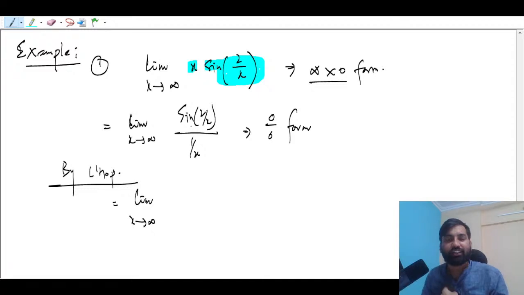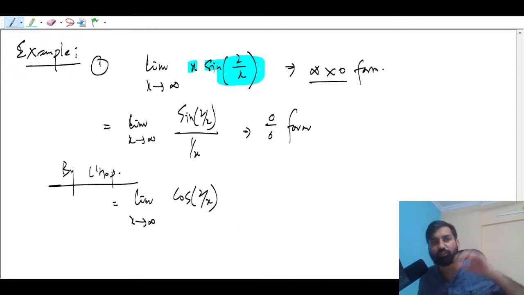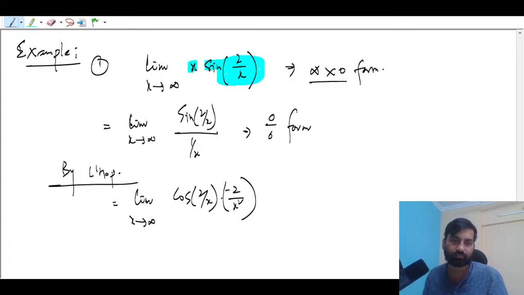The differentiation of sine 2 by x is cos 2 by x. Now you also have to differentiate 2 by x, which is nothing but minus 2 by x square. And the differentiation of 1 by x is nothing but minus 1 by x square.